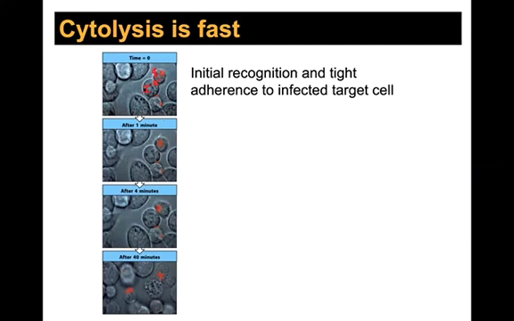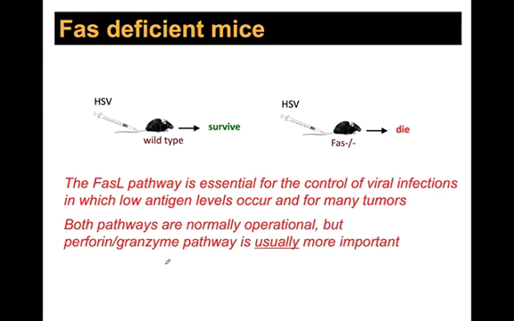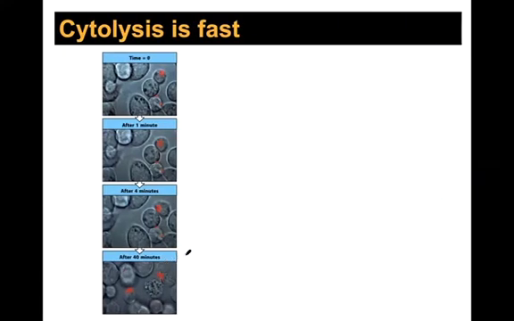And you can say very quickly, within minutes, these preformed granules are getting pointed at the infected cell. Then here they're in red. And within a few more minutes, within certainly an hour, but usually we think of it as taking about half an hour to kill a target cell.